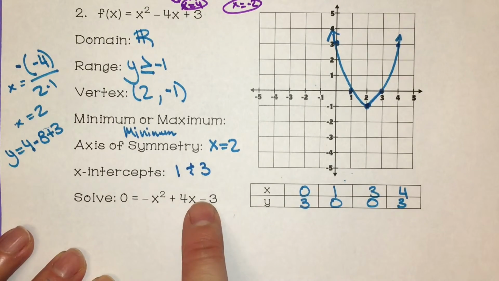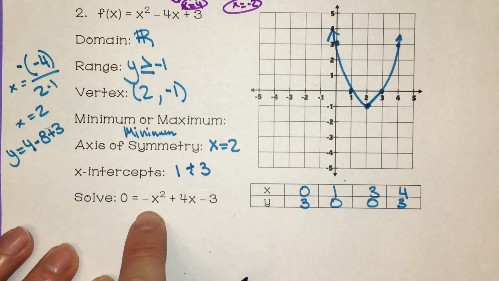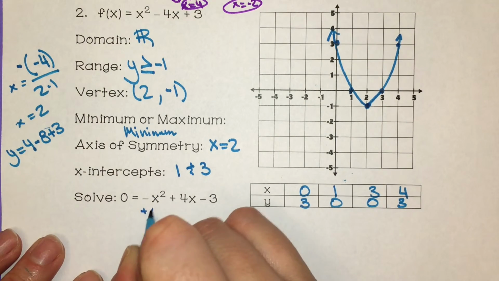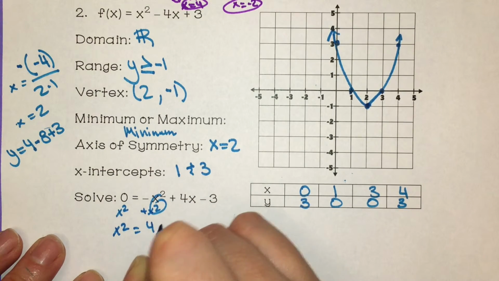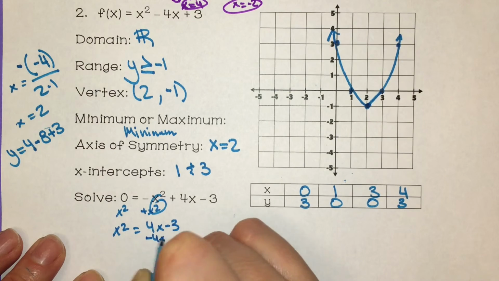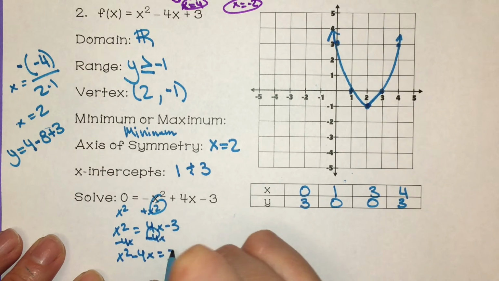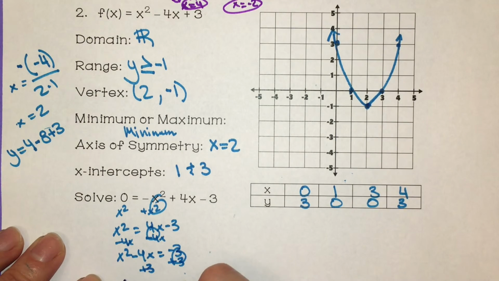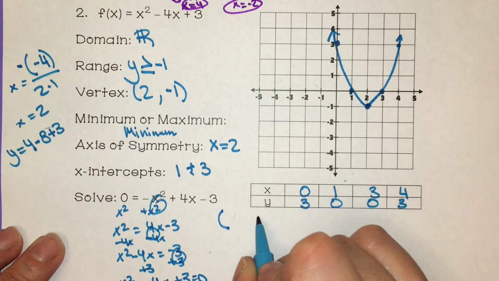Okay, so again, I have to move everything to the other side because when I solve down here for x, when I factor, it has to be equal to 0 on the right. So I'm going to add x squared to both sides. X squared equals 4x minus 3. Subtract 4x on both sides to get x squared minus 4x equals -3. Add 3 to both sides, and I have x squared minus 4x plus 3 equals 0. All right, so I'm going to factor this.